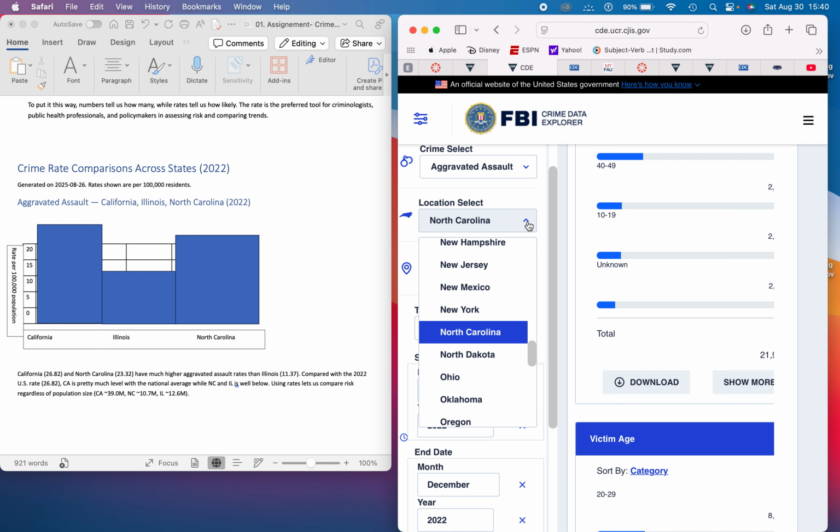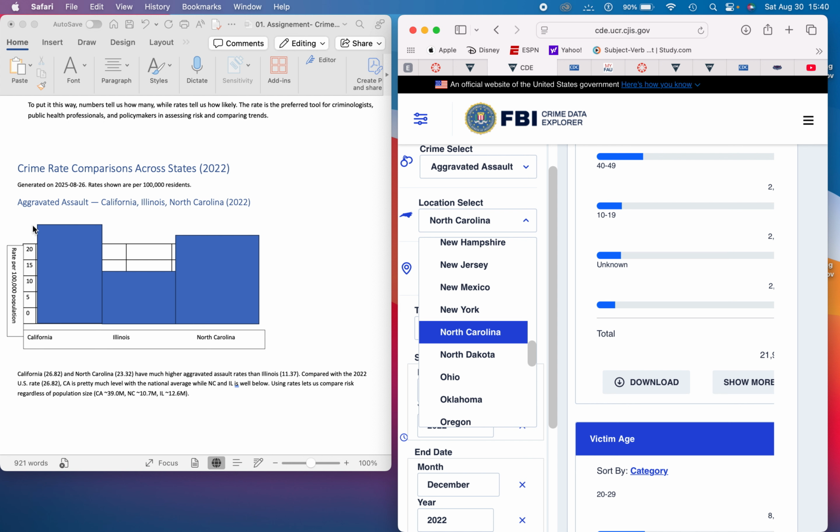But then keep that in mind. Illinois population, let me see, population of Illinois is 12 million. So it can't compare to California. Then again, we do it per rate 100,000, as you can see. I would say about 20 per 100,000 for California.